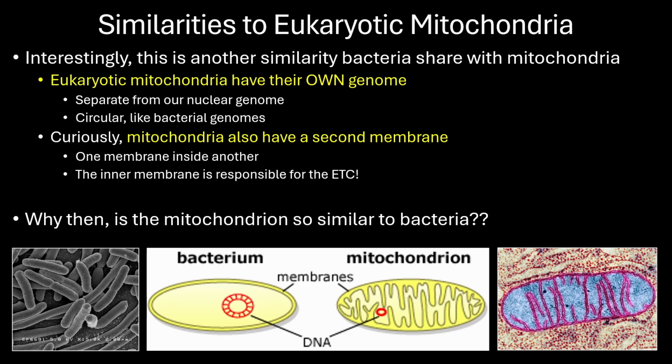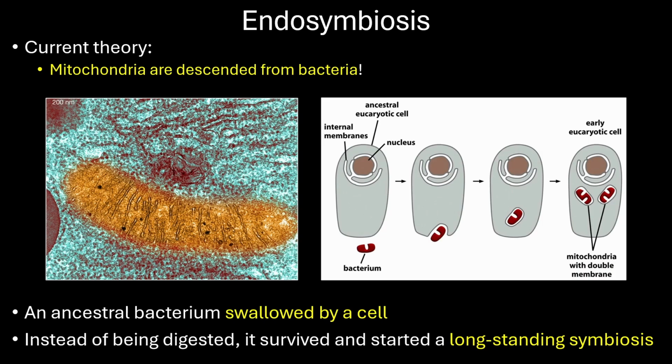And so we have this running question that researchers actually asked for quite some time, which is, after we had learned about it, why? Why is the mitochondrion so similar to bacteria? Well, our current theory is that mitochondria are descended from bacteria. This is a really interesting piece of history that we believe we've really worked out here.